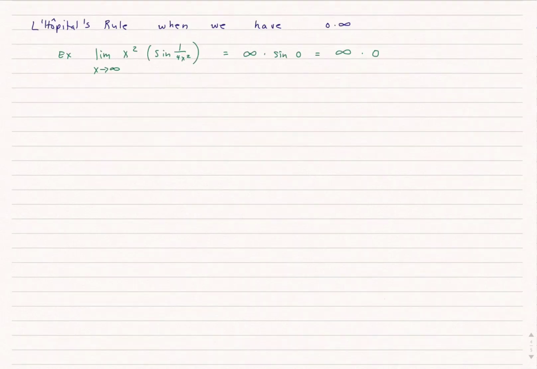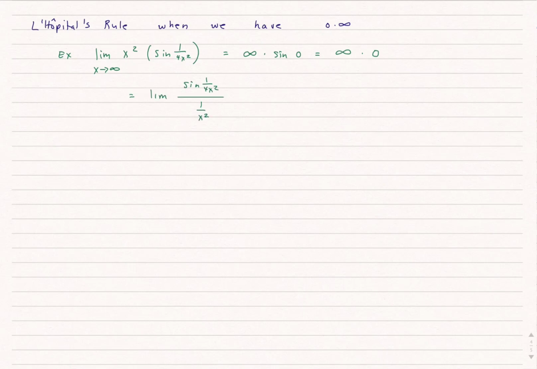Let's take the first. When we have a situation where we end up with 0 times infinity. For example, if I have the limit as x approaches infinity of x squared times sine of 1 over 4x squared, that works out to be infinity times sine of 0, which is infinity times 0, if I do direct substitution. So what I'm going to do is rewrite this in a way that it can be represented by 0 divided by 0.